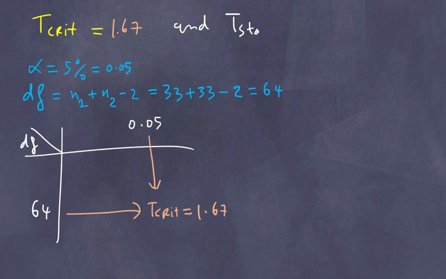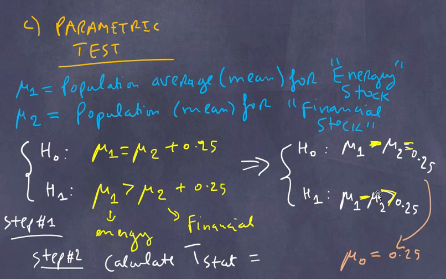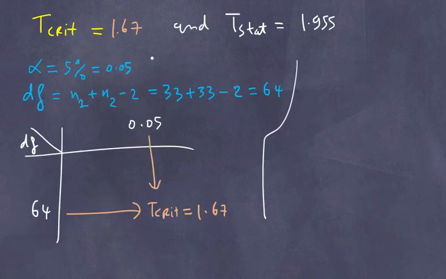And we found T-stat to be 1.955. Oh, by the way, we didn't divide alpha by 2 because we are performing a one-sided test. We're doing a one-sided test to the right, and so we do not divide alpha by 2.